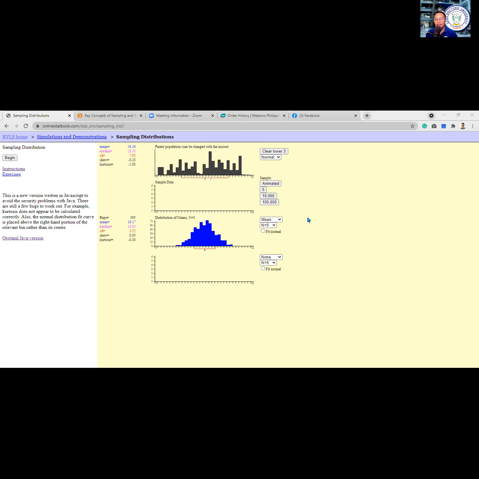If I pick 10,000 items out of this population, this is what it would look like. See? If I pick 100,000 combinations out of 32, that's the situation now. So it approximates a normal distribution.